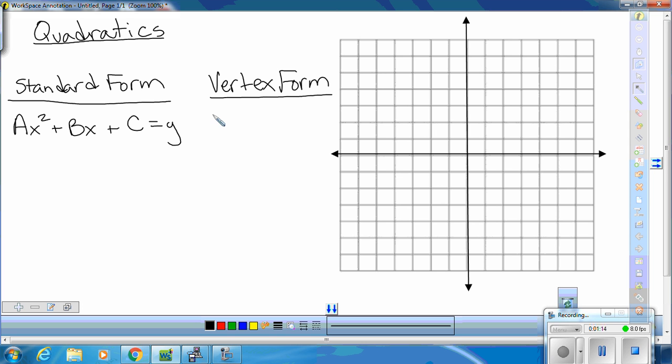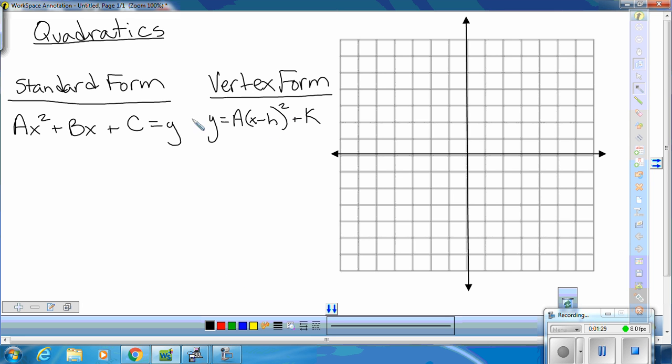Vertex form is going to be y equals a times (x minus h) squared plus k. And so that's going to be your vertex form.